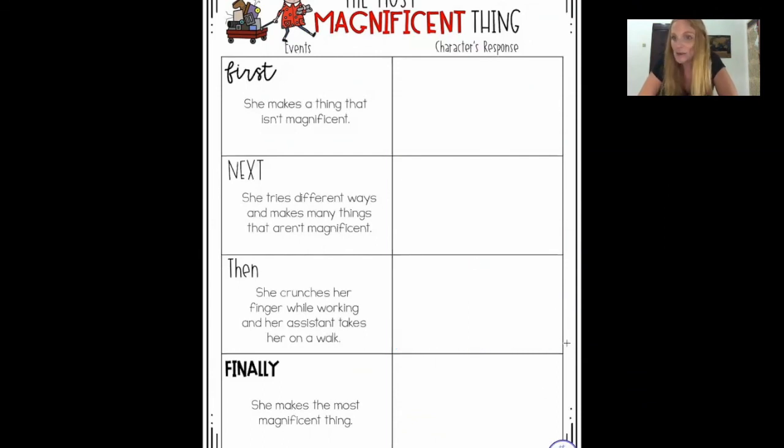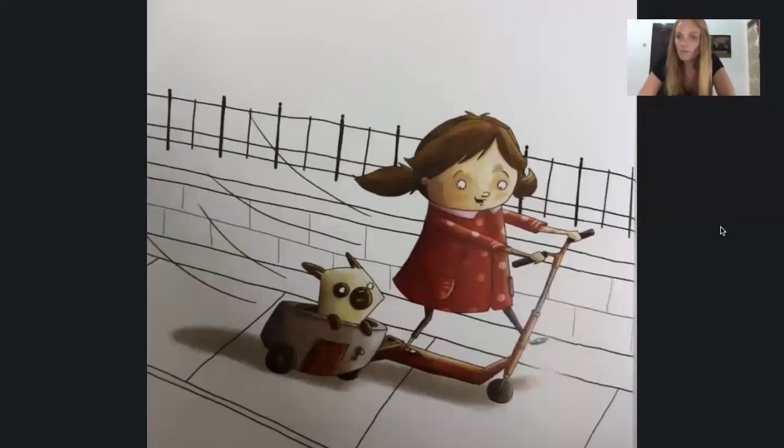All right, there's only one more left, so we can figure out what it is, but let's take a look anyways. Finally, she makes the most magnificent thing. So how is our character feeling here? Is she mad? No. Is she exploding? No. Does she look confused? No. What about magnificent?